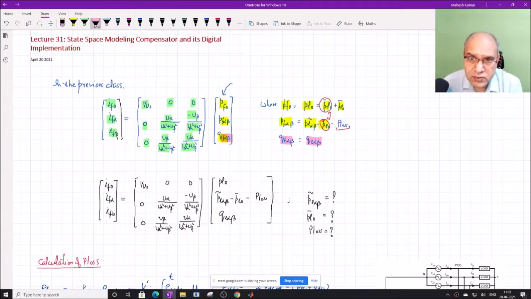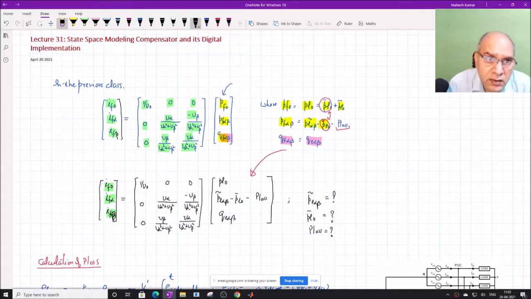So we substitute these components back here, and then we will get the reference filter currents in zero sequence and alpha and beta components as follows. Sorry, I have to do it properly.